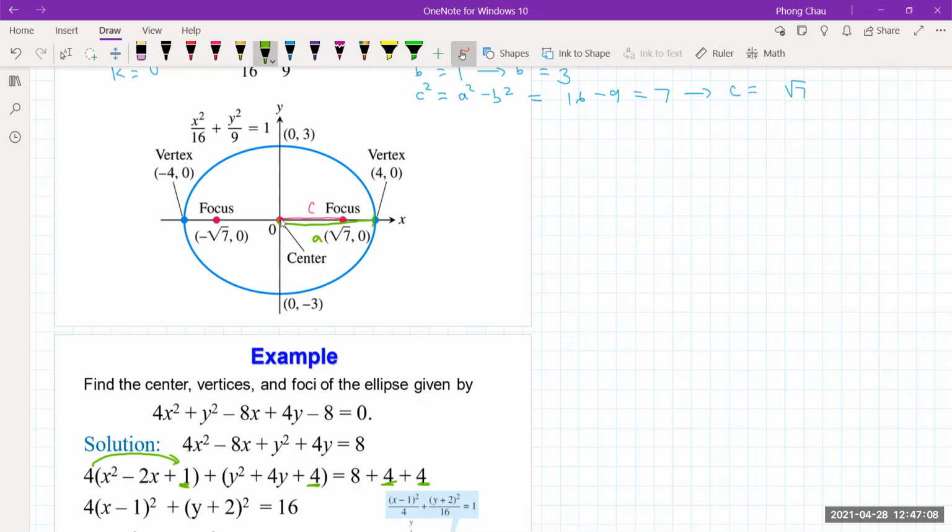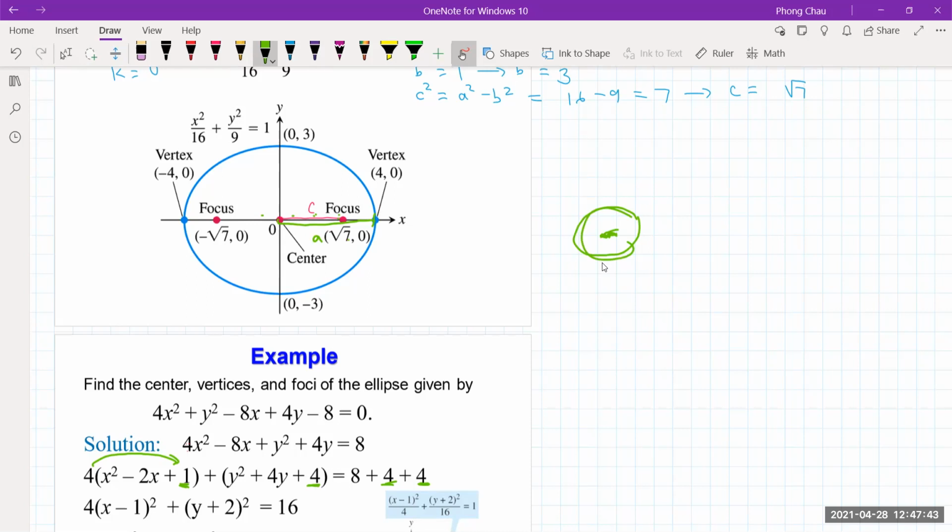Now, if c is relatively small compared to a, then you have something pretty close to a circle. Imagine when c is short. If c is short, that means your two foci are close to the center. Then your ellipse is more like a circle. In the extreme case, when c is 0, then you have exactly one focus, and we have a circle.